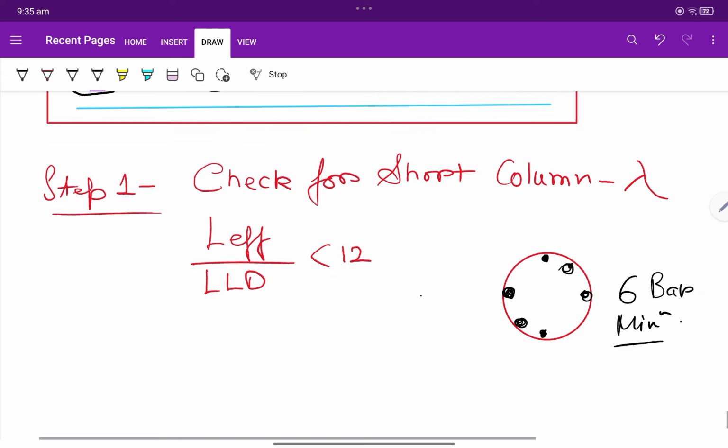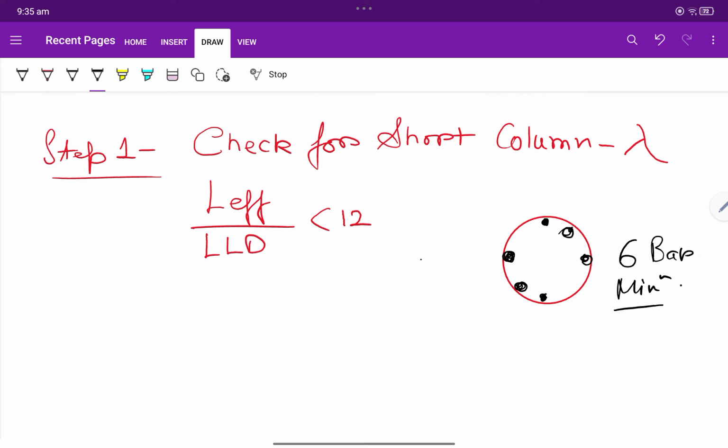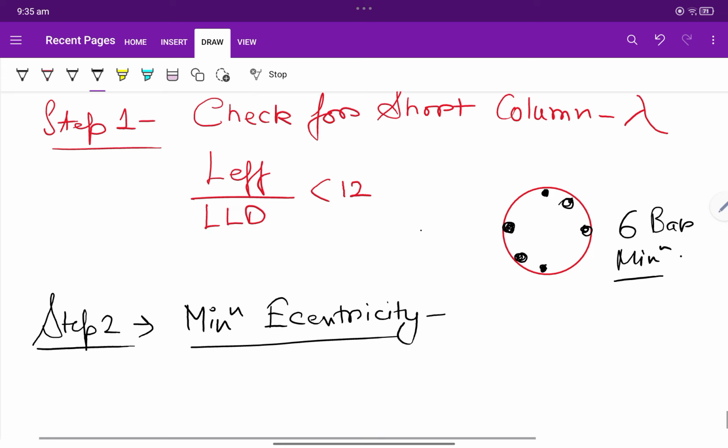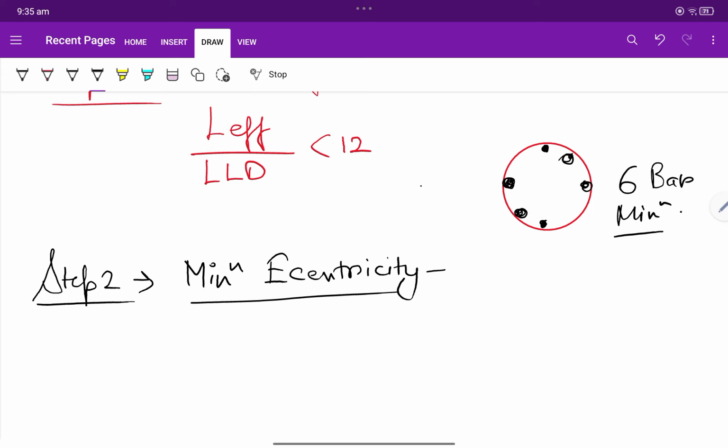Now let's see step 2. Step 2 is calculation of minimum eccentricity. The formula is the same as the previous one. We have to calculate e minimum.